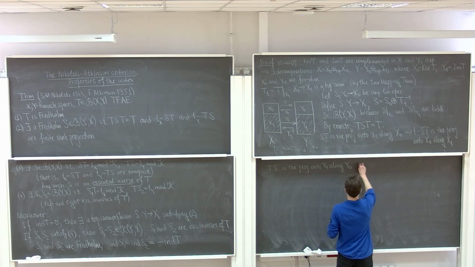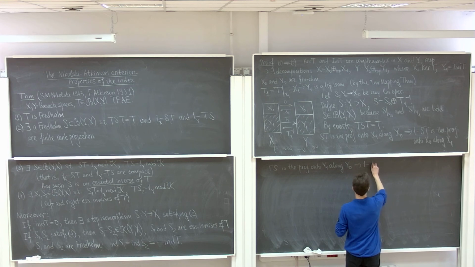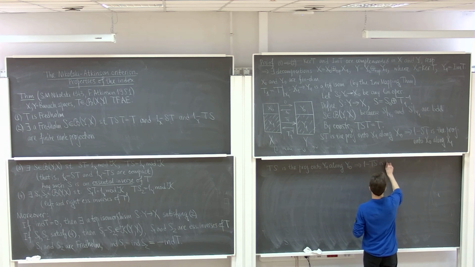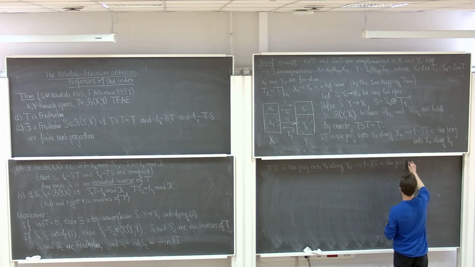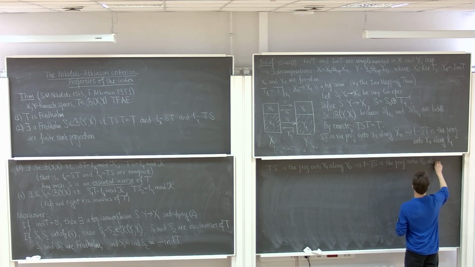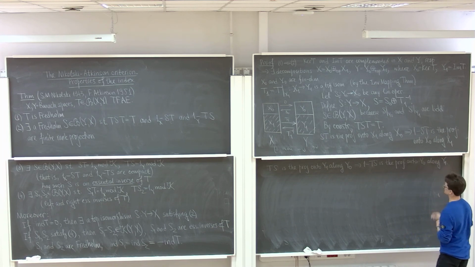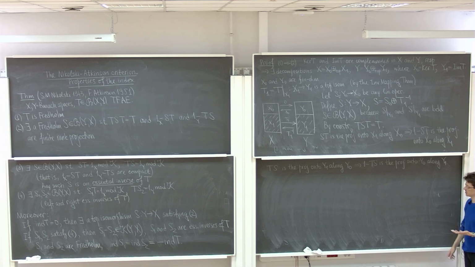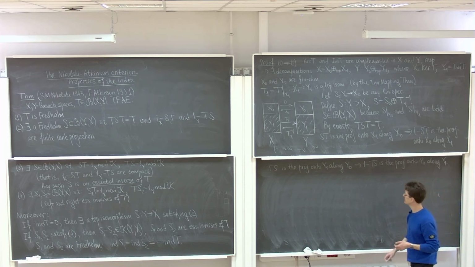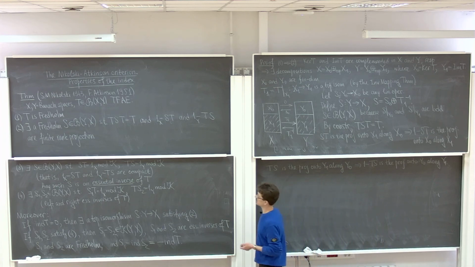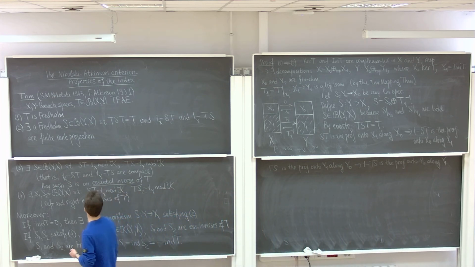So this implies that 1 minus TS is the projection onto y0 along y1. And so it's a finite rank projection because y0 is finite dimensional. So 1 minus TS and 1 minus ST are finite rank projections.